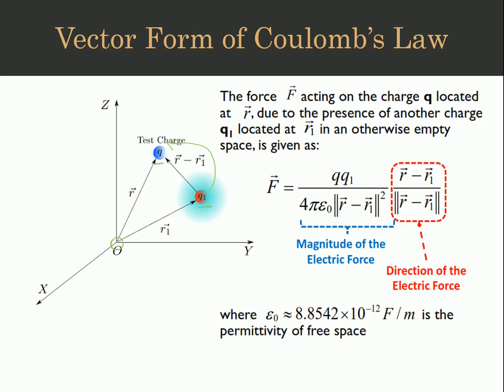We can utilize vector algebra and Coulomb's equation to find the force between these two charges, q1 and q. So q1 is our source charge, where the energy is originating from, and q is our test charge, like the field point or the focus point.